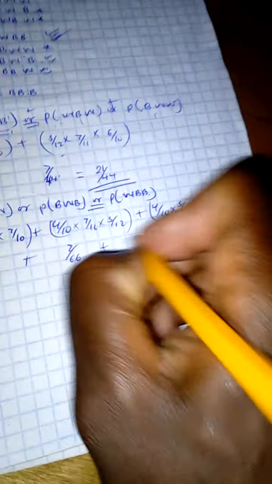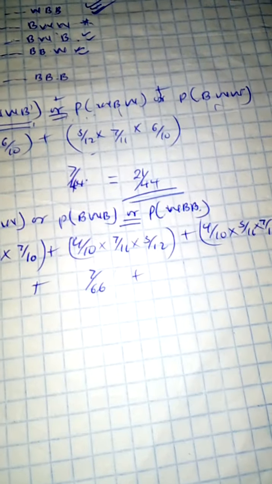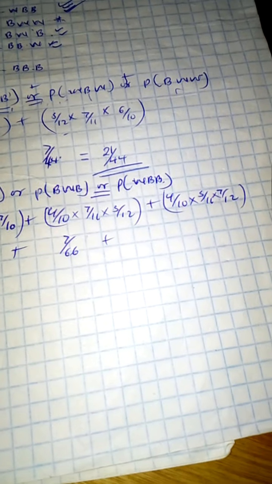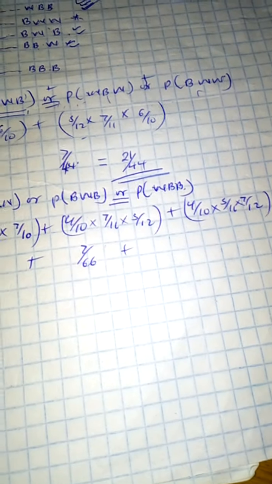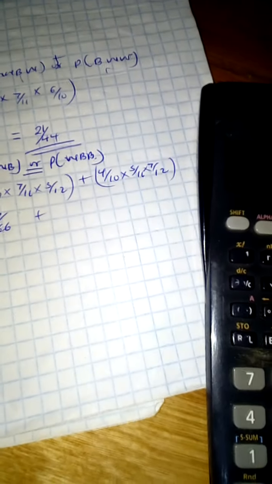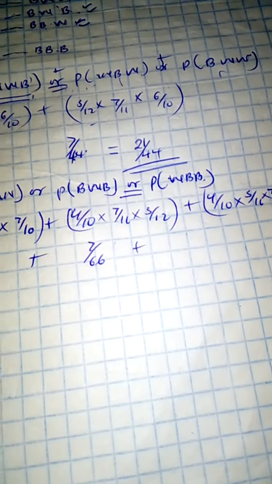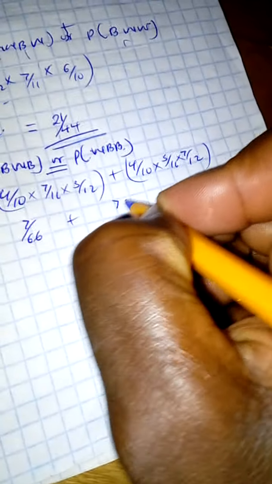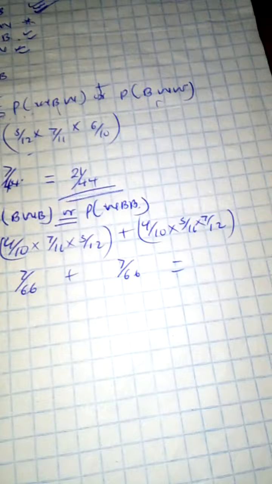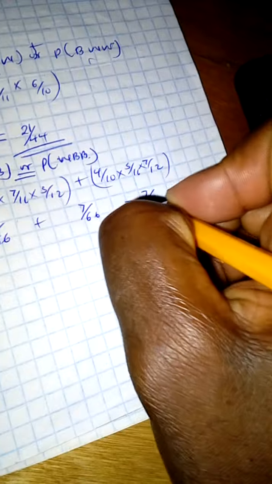Then plus 4 over 10 times 5 over 11 times 7 over 12. That is another 7 over 66. Now you add them, and I can just say 7 over 66 times 3. What is that? 7 over 22. The answer is 7 over 22.